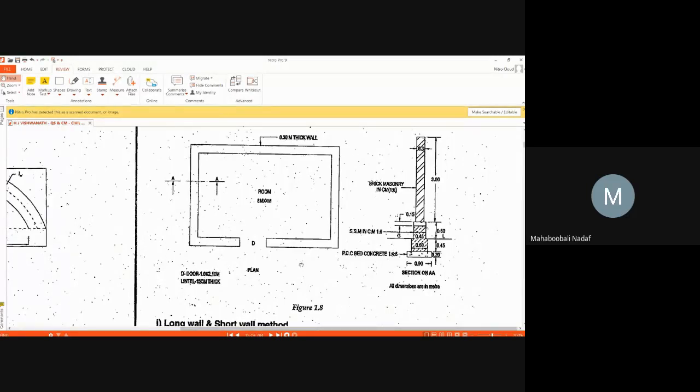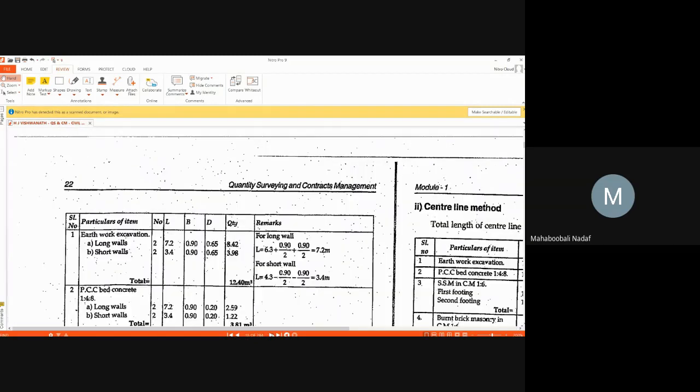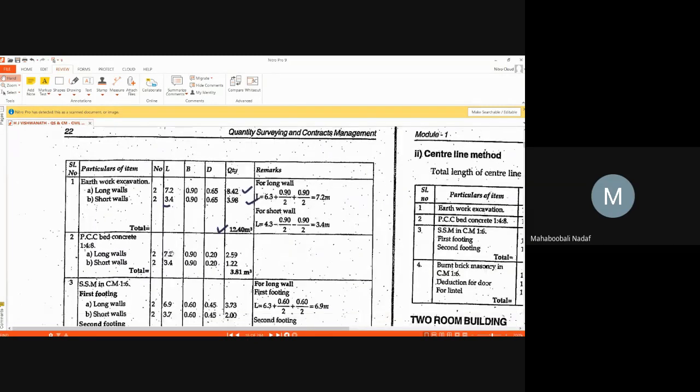Here, PCC's center to center distance is the same, and the corrected length is also the same. Why? Because the width of excavation and the width of the PCC bed are the same. So that is why you are writing the same length.